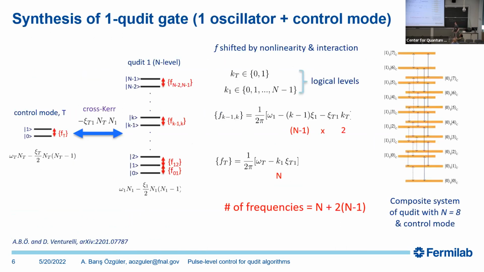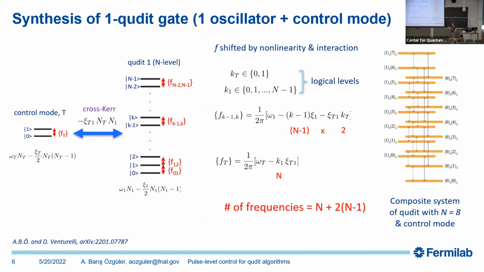So the optimization problem gets more and more difficult if you have more and more frequencies. For example, let's look at a scenario where we have a control mode T for transmon. Let's say we use 2 logical levels, and by using a cross-Kerr interaction, we couple it to a Qudit. Let's say it has n levels. So this frequency F is also shifted by this interaction.